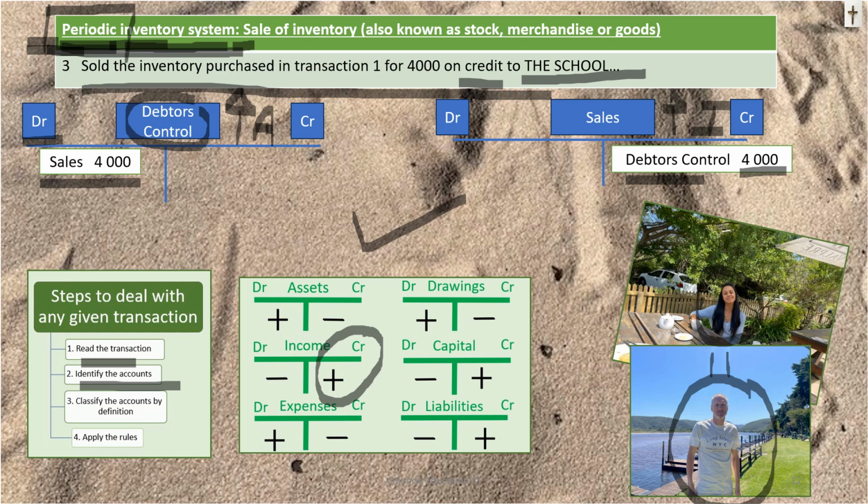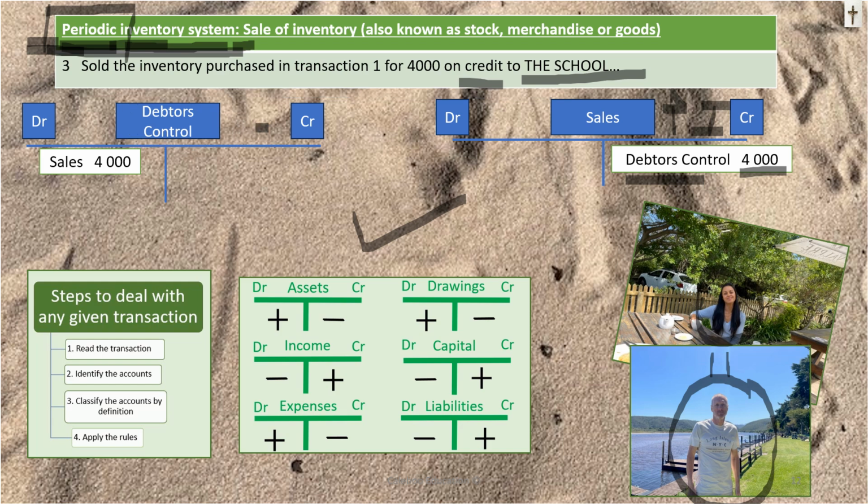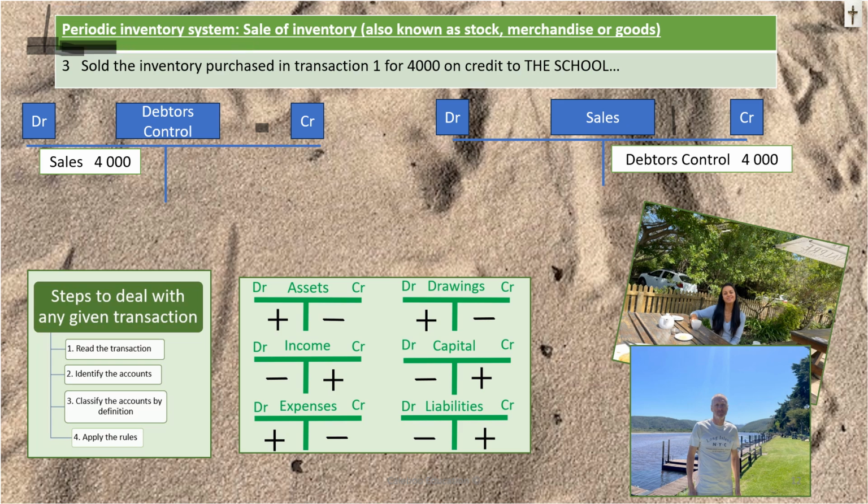Let me summarize here. I'm giving extra information and I might just be confusing you and talking too much, so I'm going to summarize this transaction using the periodic inventory system.